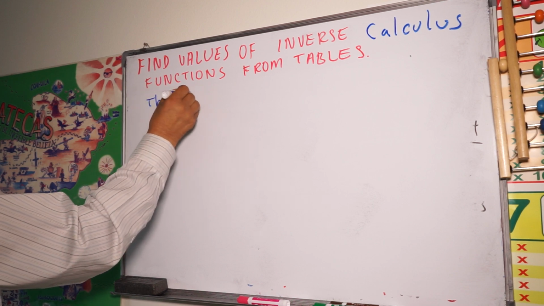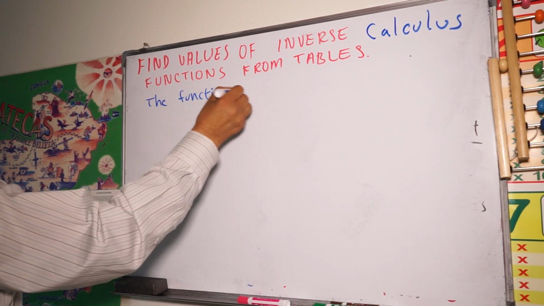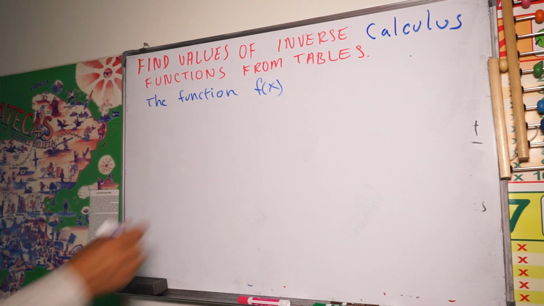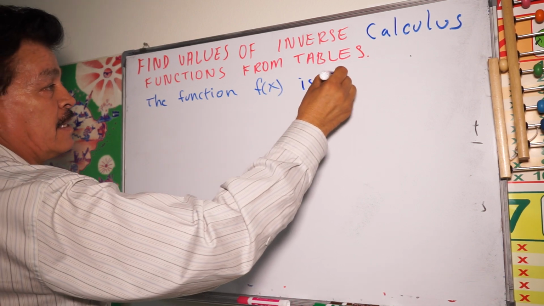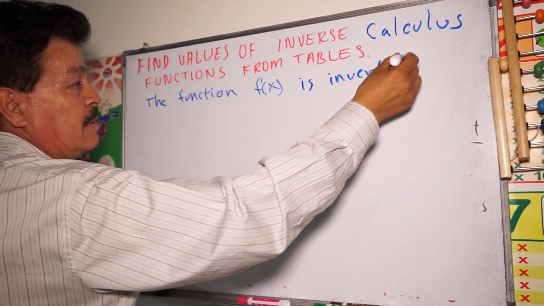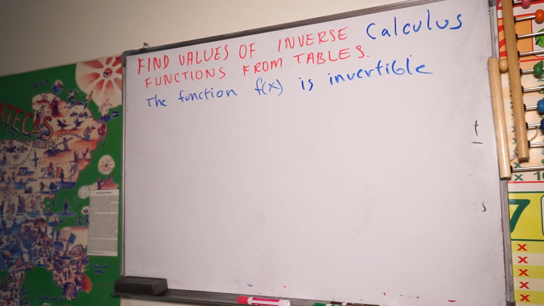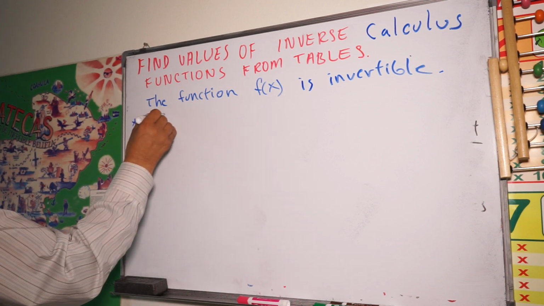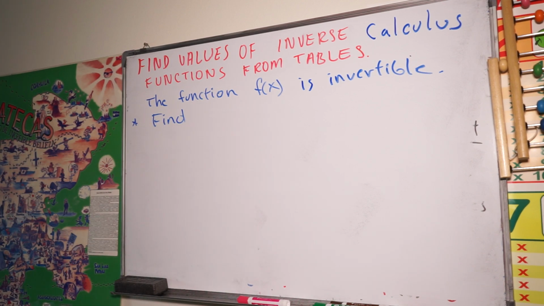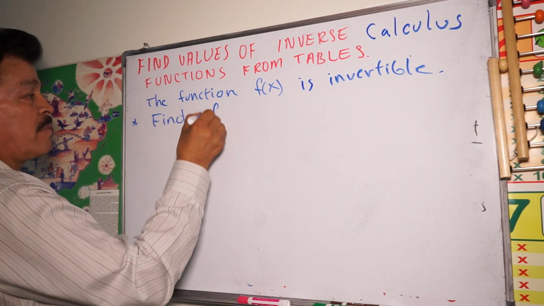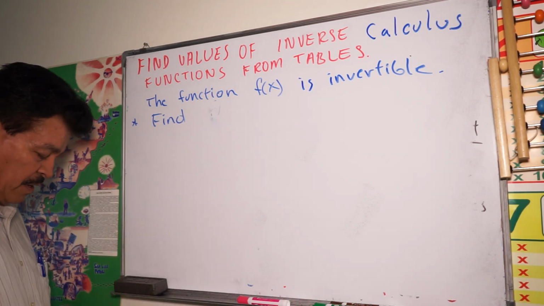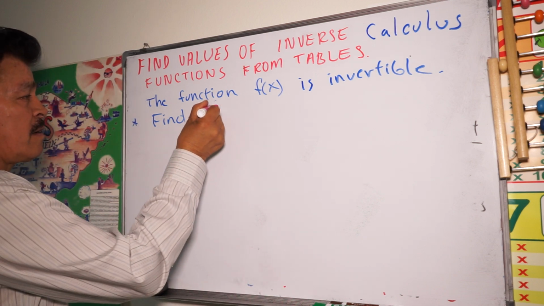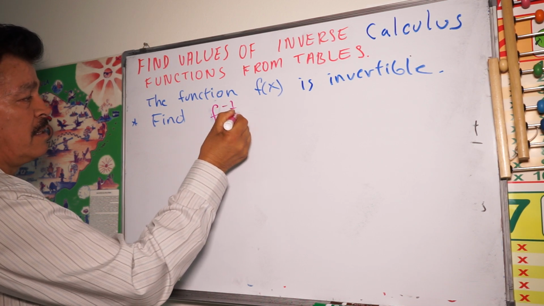The function f(x) is invertible, so then find, this is the problem, find f inverse of 13.